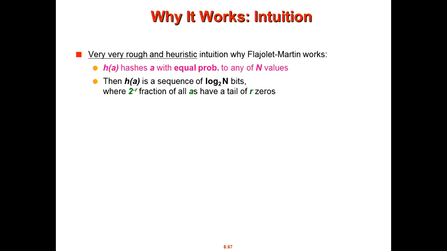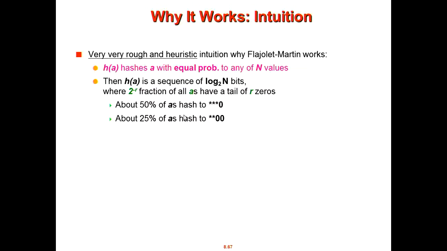So what does this mean? About a 2 to the power of minus R fraction of elements have a tail of R zeros. That's the intuition of this algorithm.